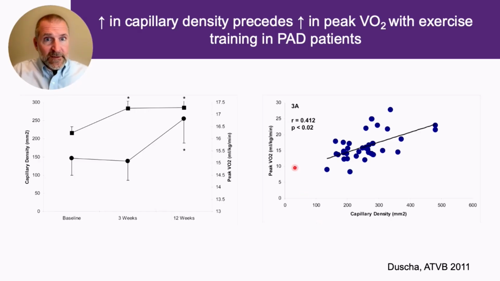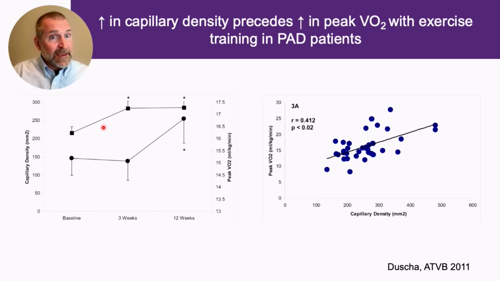Again, the good news, looking again at peripheral arterial disease patients, is that capillaries can be increased with exercise training. And this graph here shows that in the early phase of an at-home exercise training plan, just 3 weeks of exercise increases capillary density in these patients. And then at 12 weeks, there is an increase in VO2 max.